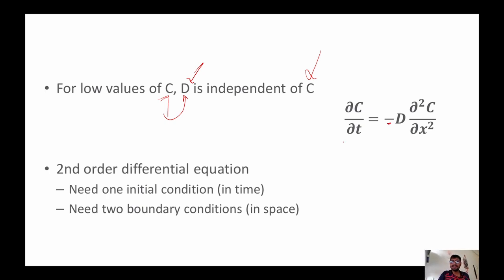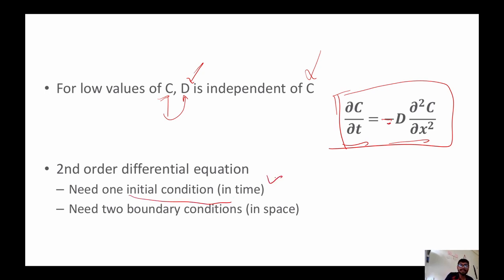So ∂C/∂t is given by D ∂²C/∂x², which is Fick's second law. This is a second order differential equation, which is not that trivial to solve. For this we need one initial condition in time and two boundary conditions in space. We will see which cases are important for our diffusion purpose.